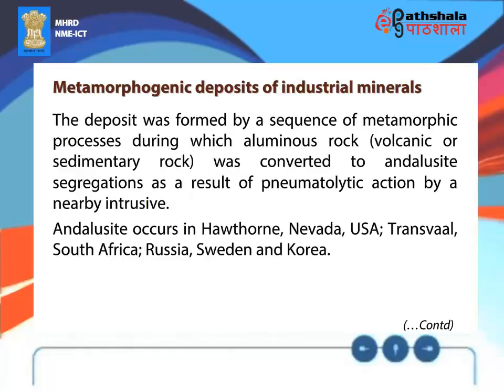The deposit was formed by a sequence of metamorphic processes during which aluminous rock, volcanic or sedimentary rock, was converted to andalusite segregations as a result of pneumatolytic action by a nearby intrusive. Andalusite occurs in Hawthorne, Nevada in USA, Transvaal, South Africa, Russia, Sweden and Korea.